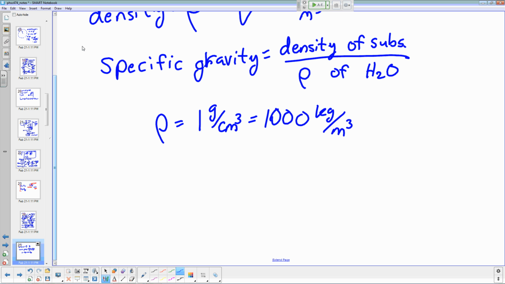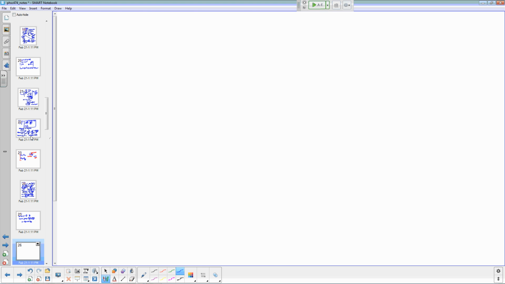Now, when we're talking about pressure, I have several things that come up here: pressure in general, the pressure due to a column of liquid above you, and also the buoyant force. The pressure is defined as the force per unit area, in newtons per square meter.